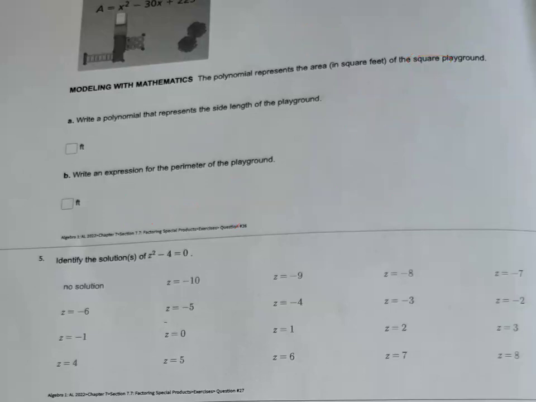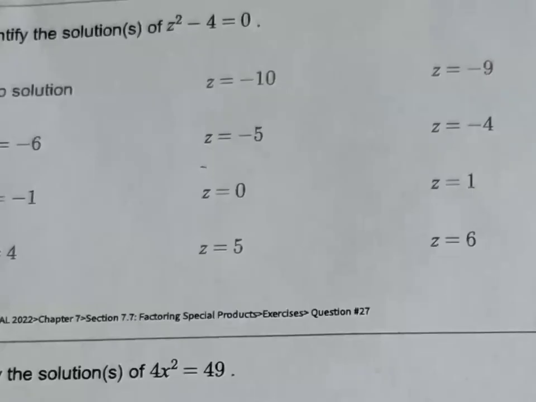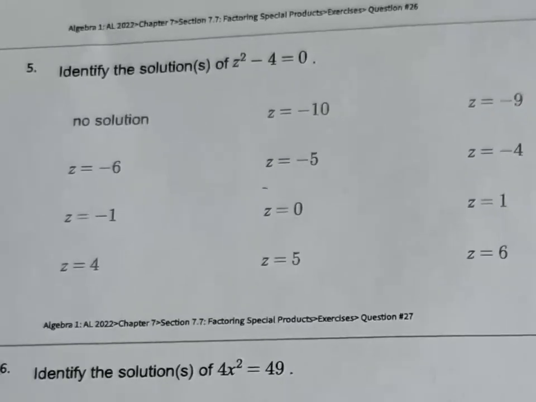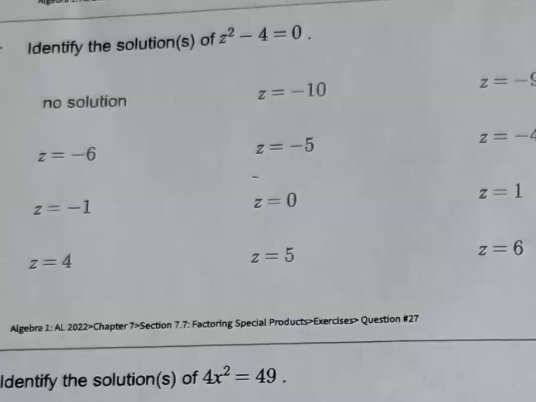Number 5. So all through this whole assignment, you've got these special products, factoring special products. So we're looking at a difference of squares. The difference of squares is going to be 2 terms. So we'll just make a little note here.